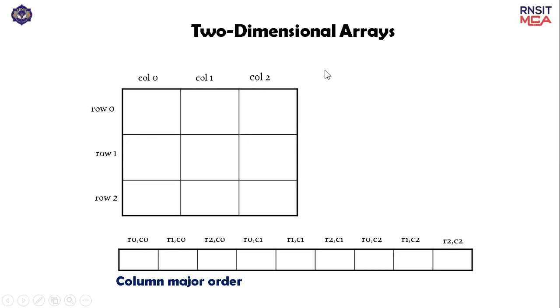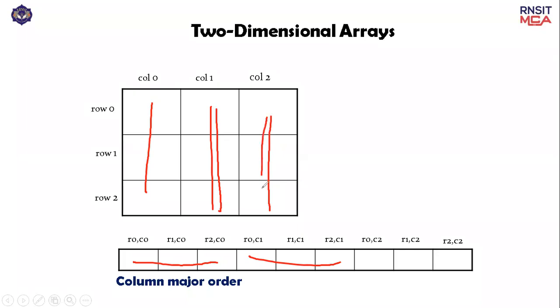Then all of column 1 is stored: row 0, row 1, row 2. Then column 2: row 0, row 1, row 2. So it is stored like this.